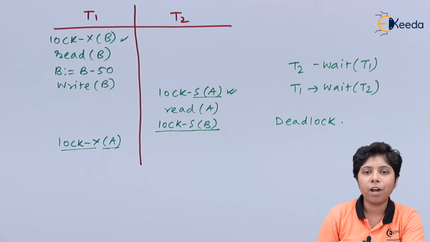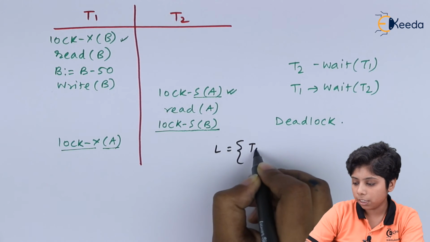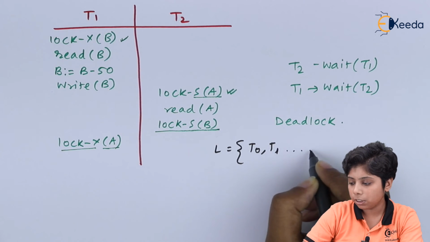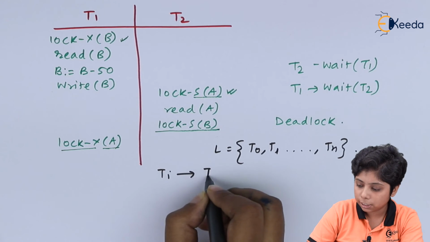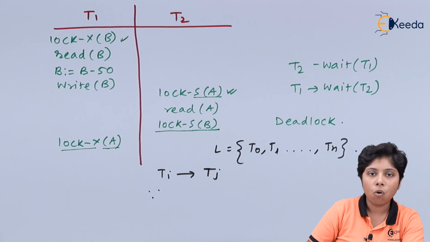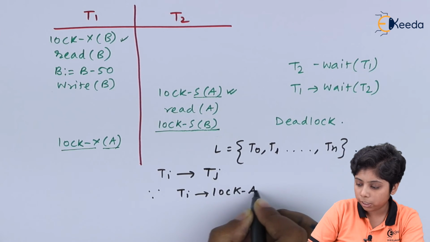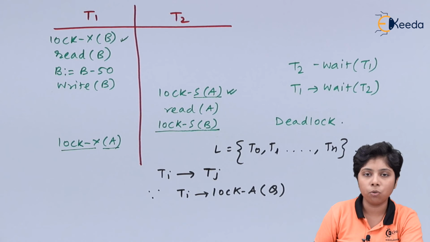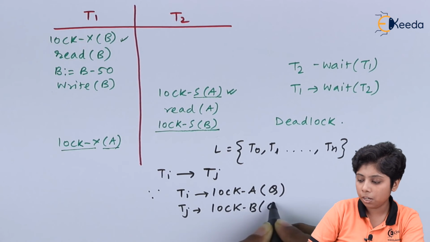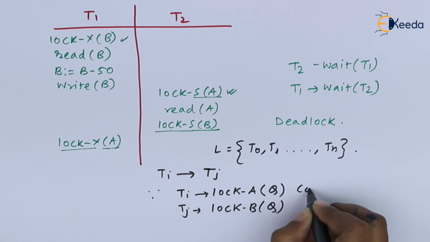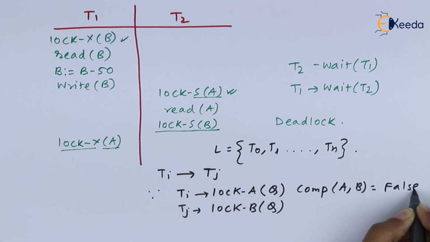So now to define the protocol on a locking rule, we say that there is a list of transactions T0, T1 to Tn in such a way that Ti precedes Tj if and only if Ti is holding a lock on a data item, say Q, in mode A, and Tj is holding a lock in another mode B on Q such that the compatibility between A and B is false.